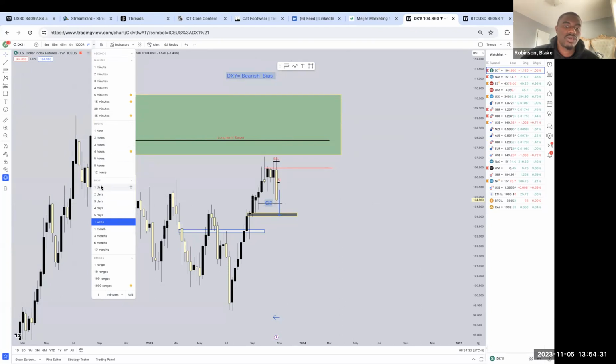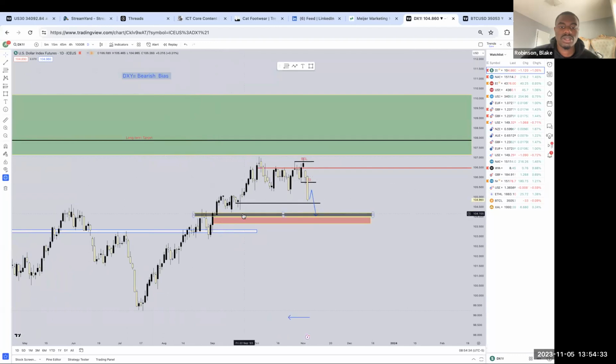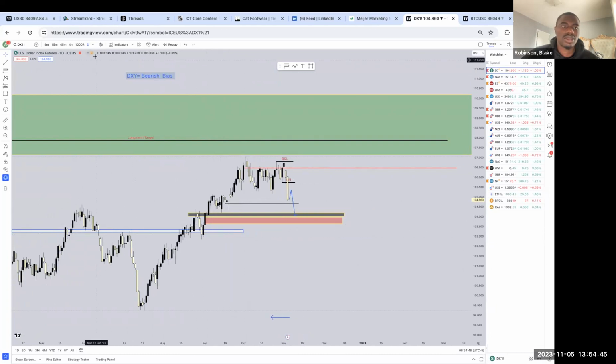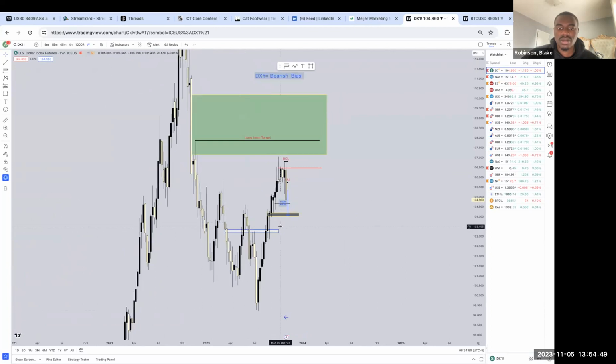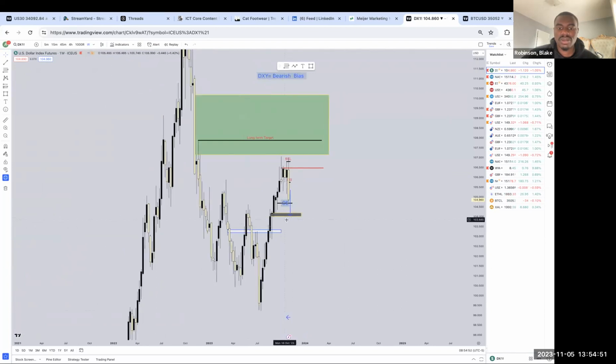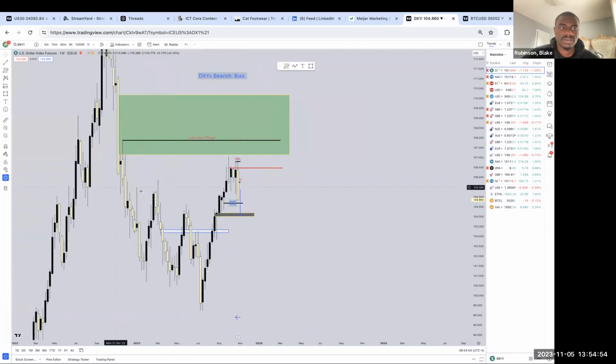Where my idea will fall apart is if we start trading below this volume imbalance, that fair value gap, and even more so those relative equal lows. Once we get to that area, then I'm probably going to start thinking short. Definitely if we trade below this volume imbalance on the weekly.